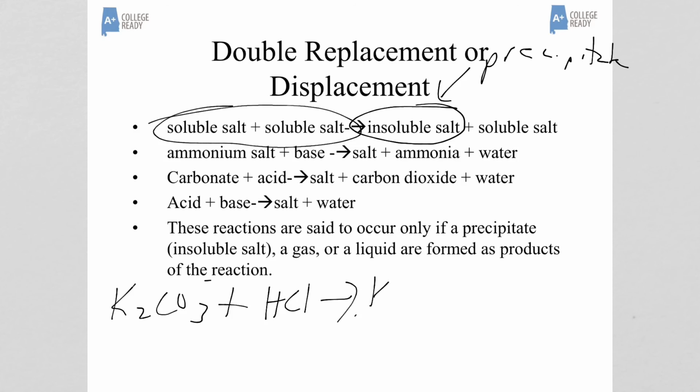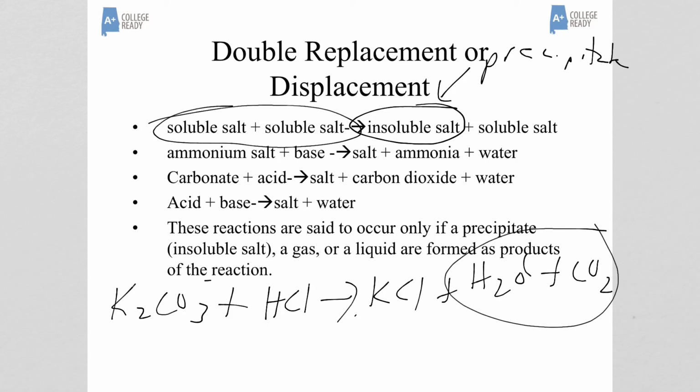So we're going to get potassium chloride, and it looks like we ought to get hydrogen carbonate or carbonic acid. But like the ammonium hydroxide, H2CO3 is unstable. It breaks apart, and it yields H2O plus CO2. H2O being a liquid, CO2 being a gas.